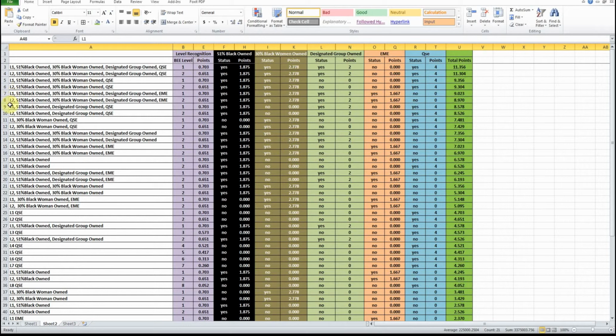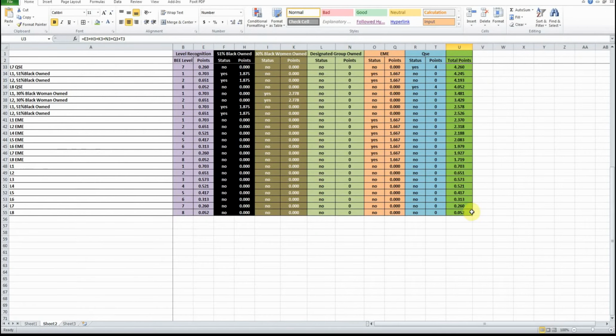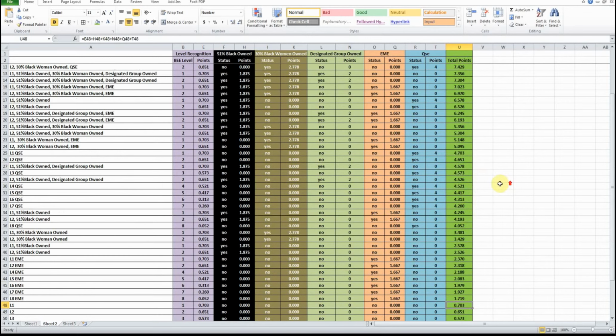So now let's go up here and see what is the maximum amount of points company A can get for that 2.5 million rand spent. The maximum amount of points company A can get for the 2.5 million rand spend is 11.35 points. So that's quite a few more points than 0.7.